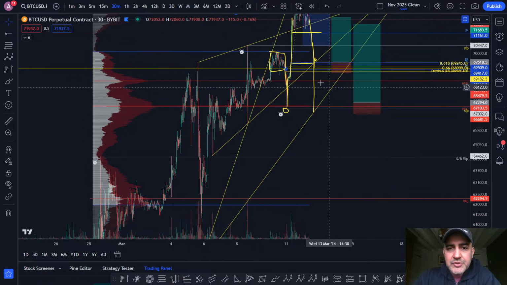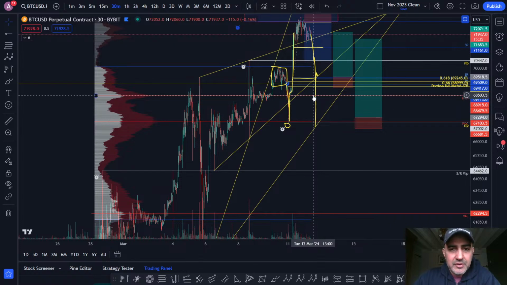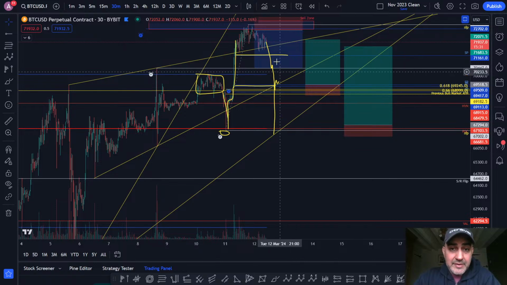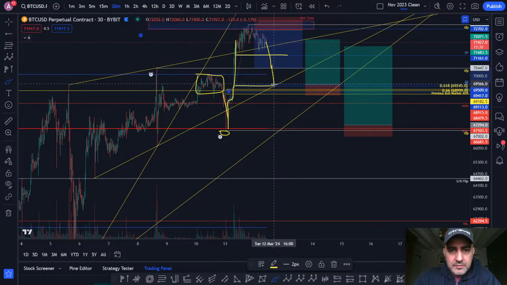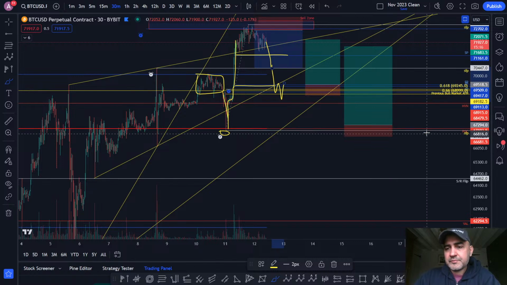The high volume node should react, though it might not, if the price doesn't get down to this point of control. So just bear that in mind. If we do get a liquidation event, it is possible that the price reacts there. Who knows?